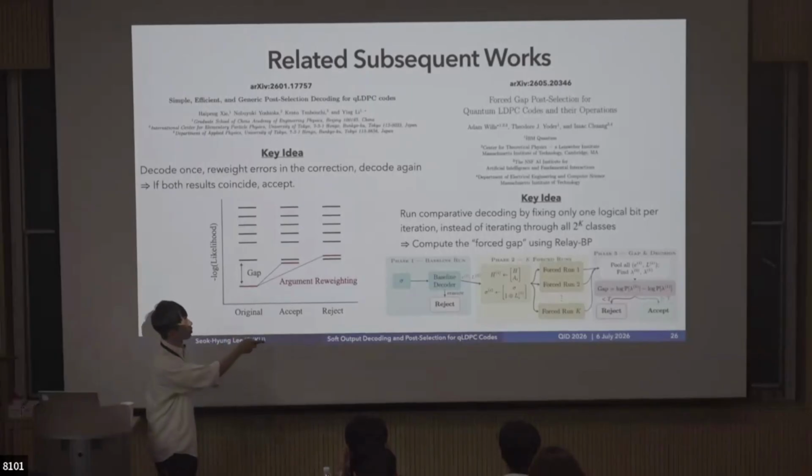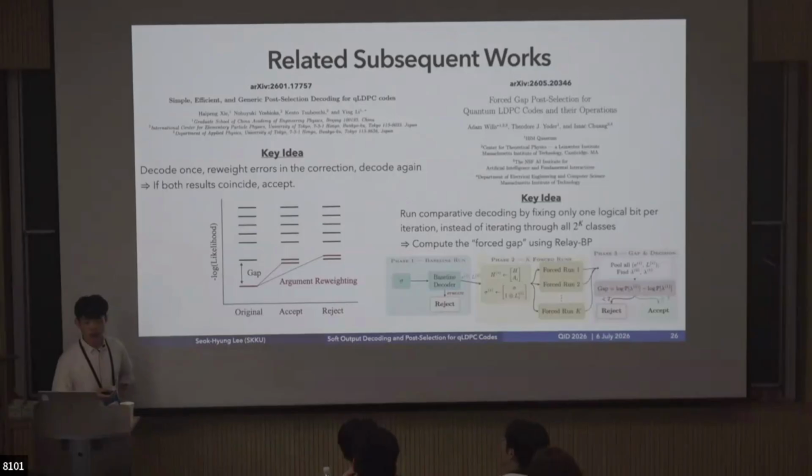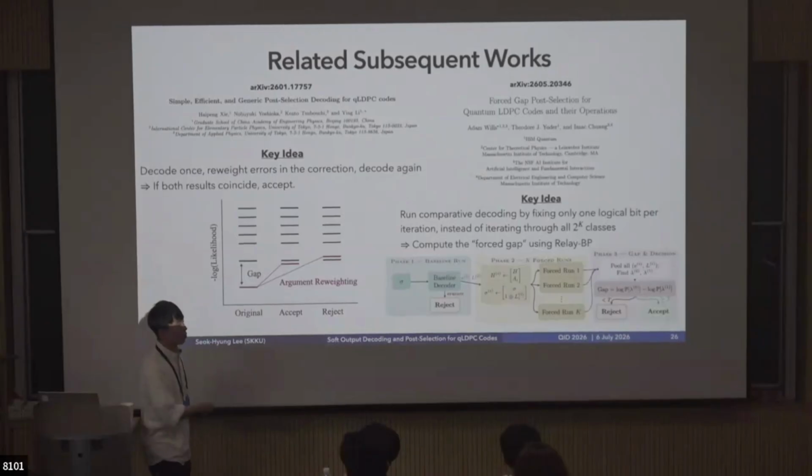So it requires only K+1 classes instead of 2 to the K classes. I thought of that idea when we did the work, but just naively thought that it might not work well. But they showed that this method indeed works very well for their relay BP decoder. They call it the first gap method.